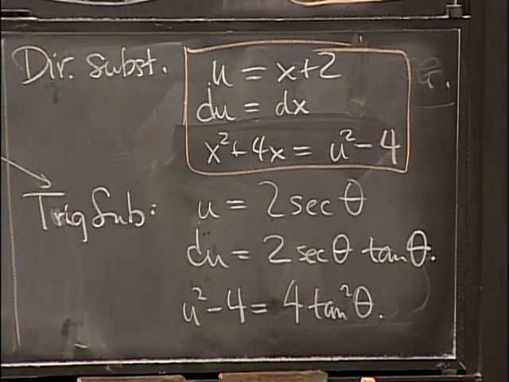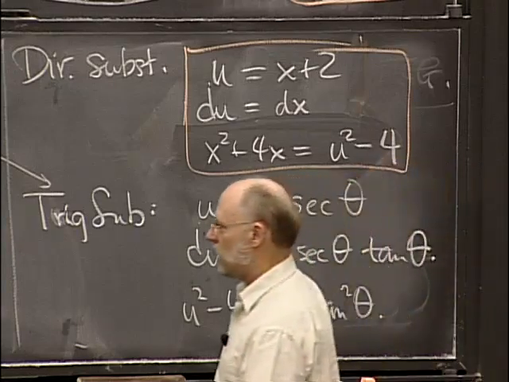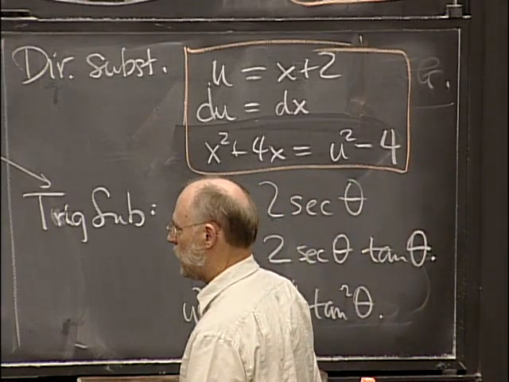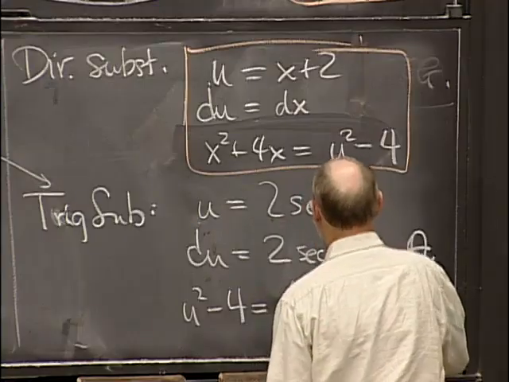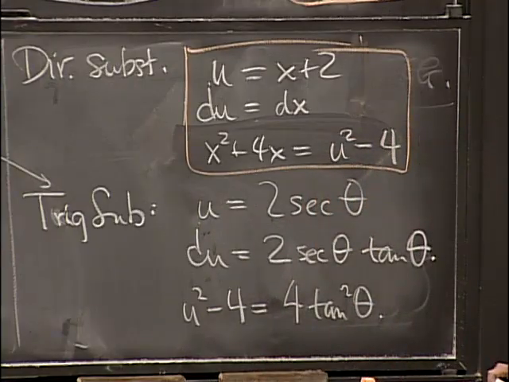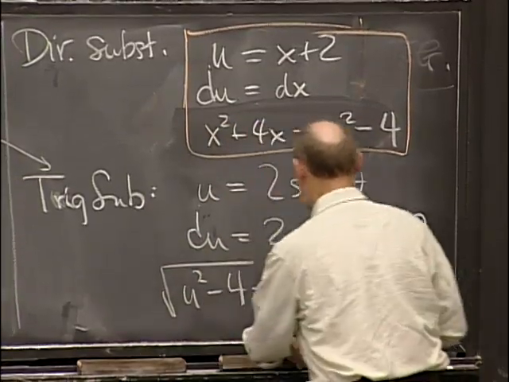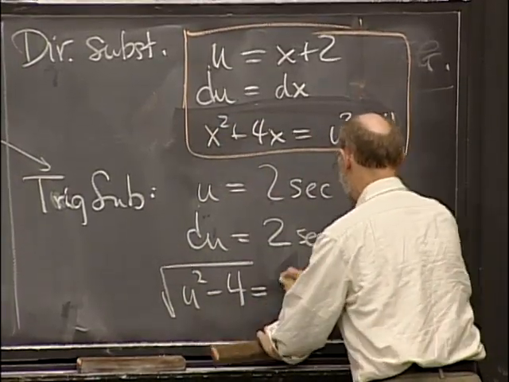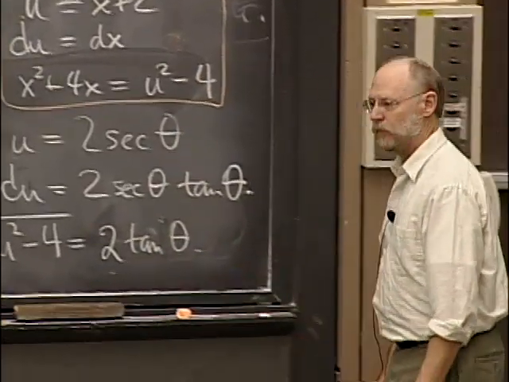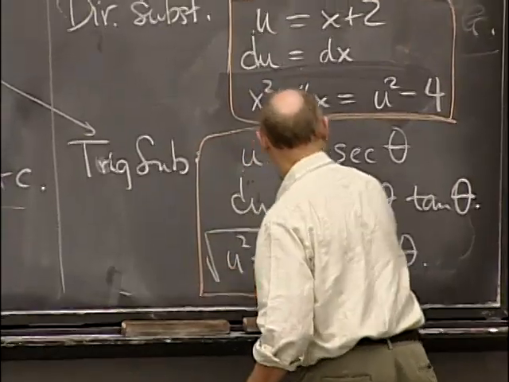Right? But I squared it. And now I'll square root it, and I'll get a 2, and this tangent will go away. So there's my data box for this substitution.